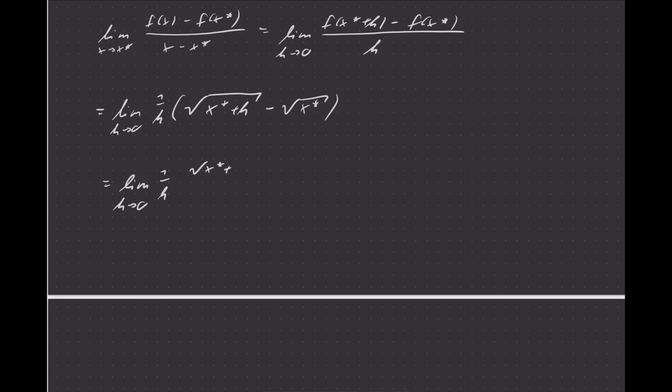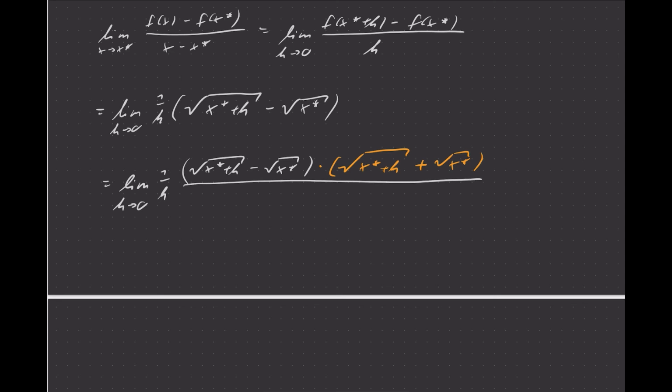Let's again take the original first. So here we have a difference of two square roots. And we'll now extend that. We multiply that by the same expression, but we'll replace the minus sign by a plus sign. So here's a plus sign. And of course, we also have to divide by that expression.